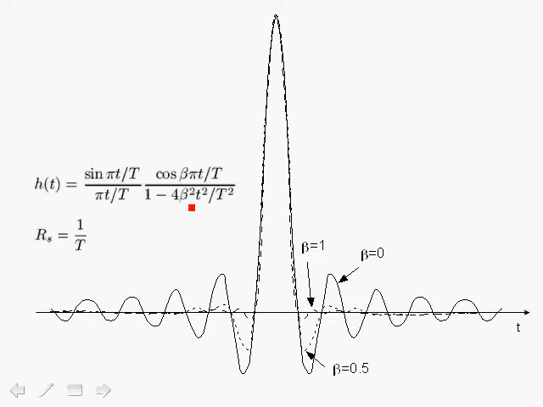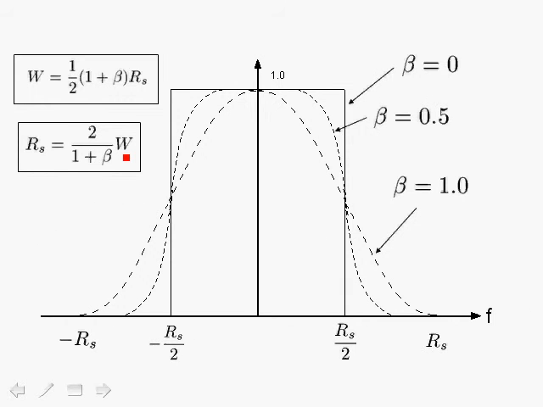This is also very important in terms of intersymbol interference. The case with the most possibility for intersymbol interference when you have timing errors is the case where beta equals 0, where you have the sinc function. So there's a trade-off between intersymbol interference and throughput and usage of the bandwidth. Going back here, we see that if we have a fixed bandwidth W, then for excess bandwidth less than 100%, we can achieve a higher throughput through that channel compared to the case where we have 100% excess bandwidth.